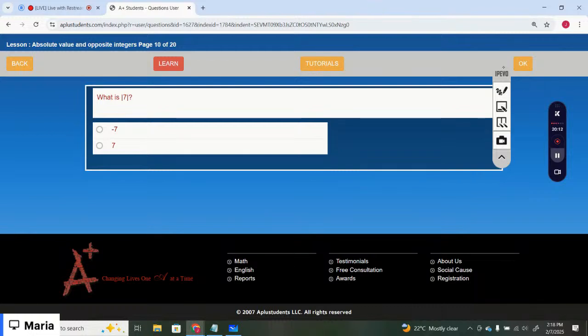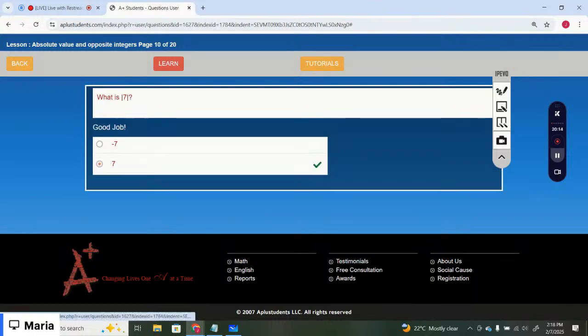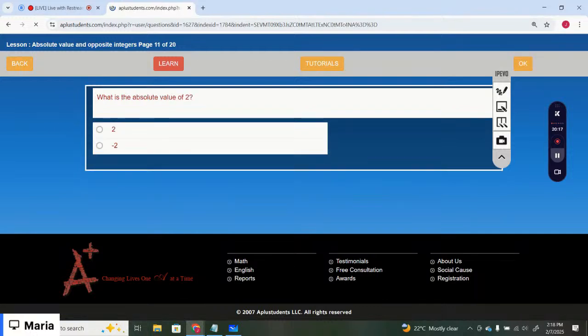That is 7. Absolute values are always the positive values. What is the absolute value of 2? Absolute value of 2 is 2. Option number 1 is the correct option.